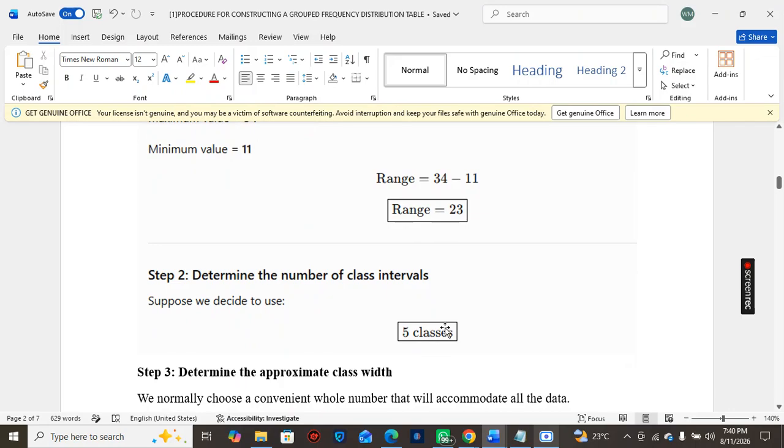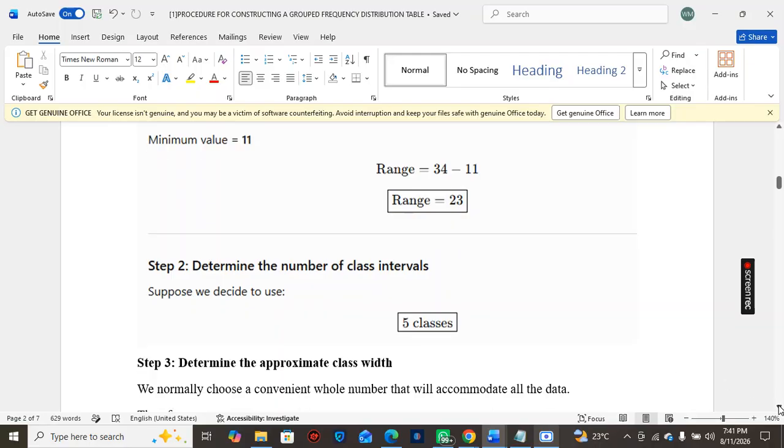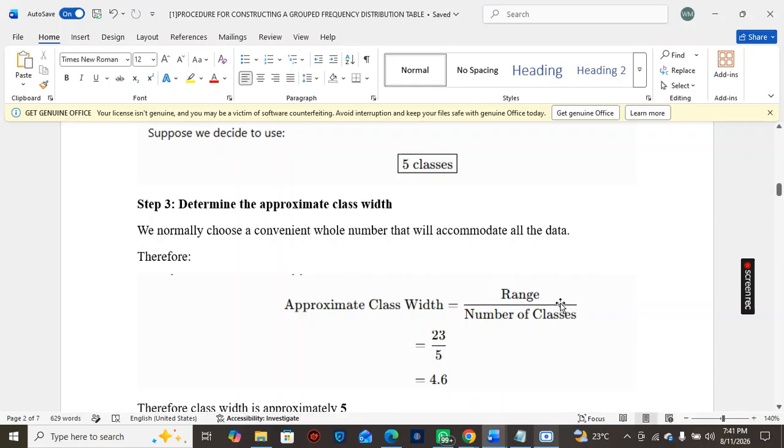Now we need to approximate the class width. Colleagues, the class width is how wide the class is. Remember the formula we used? Class width is the range over the number of classes.